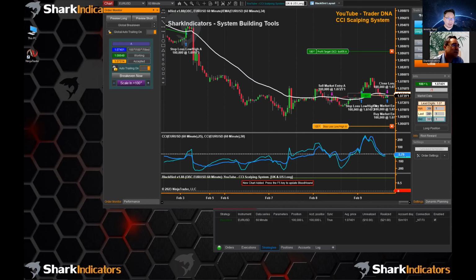So I would not consider this a high frequency trading product per se, or platform. NinjaTrader in general is not a high frequency platform. There is no platform out there for high frequency trading. That is all custom coded with a really fast language as well, a really, really fast executing programming language.